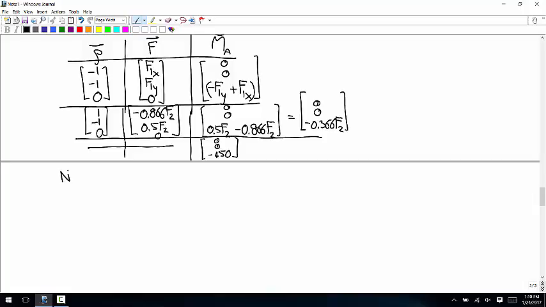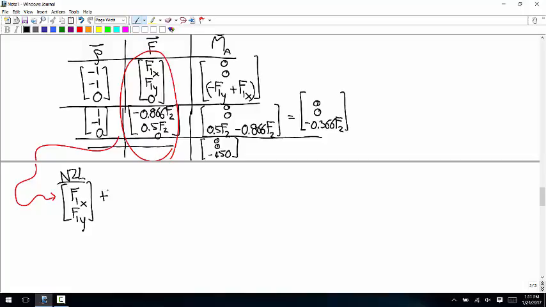Now Newton's second law. I'll just use the x and y components of these. And I'm just going to add up the things right down this column and put them here. So F1x, F1y plus negative 0.866 F2, 0.5 F2, and that's all the forces equal to 0.